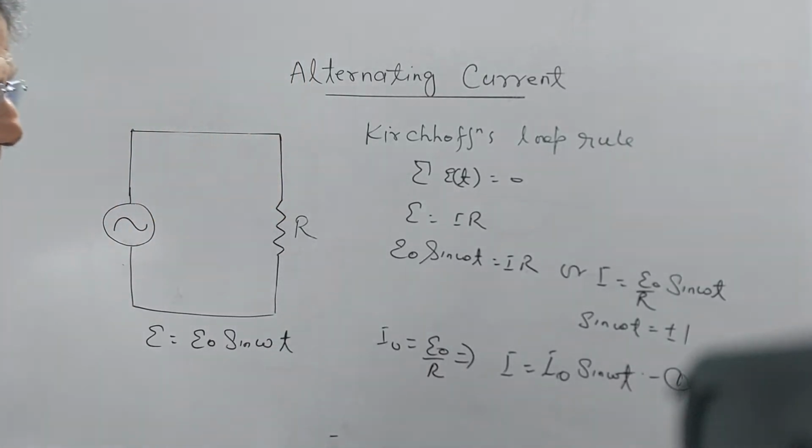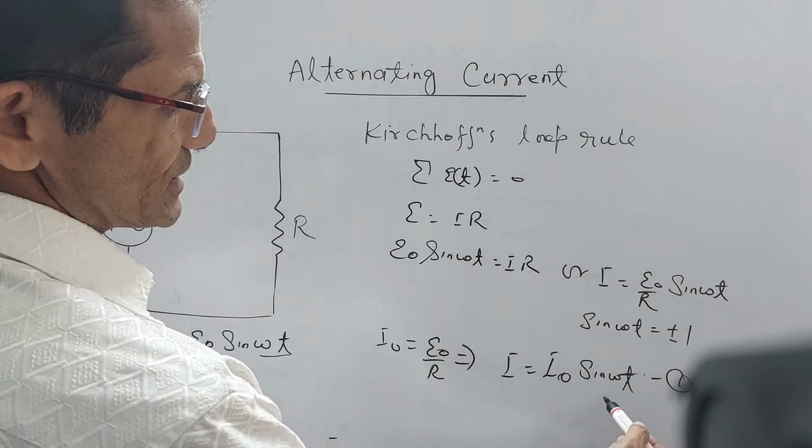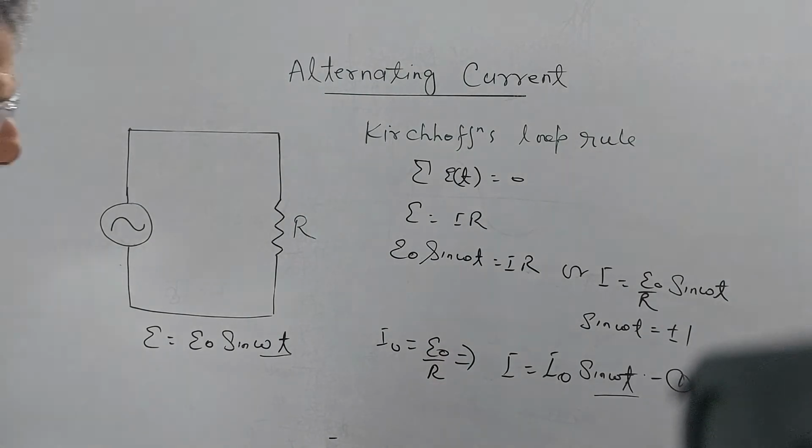So now if we compare the phase angles of the AC voltage, which is omega t, and here sine omega t, both are the same, so we can say that current and voltage are in the same phase.